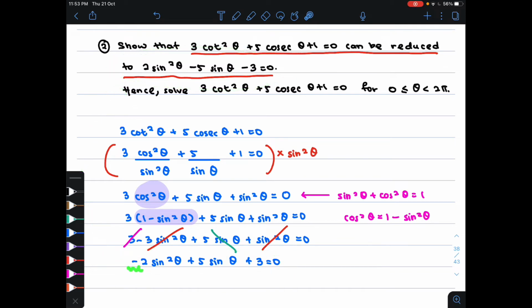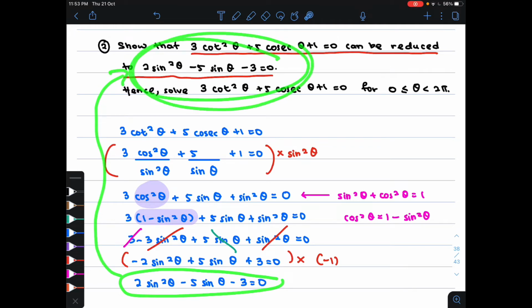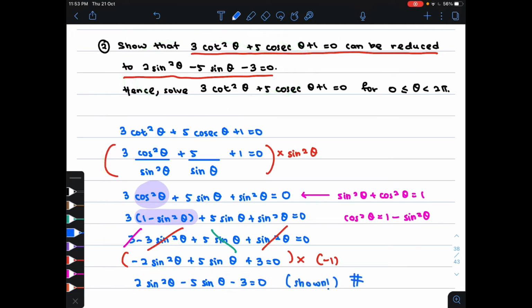Here we have negative 2 sine squared, but here we have positive 2 sine squared. So multiply everything here with negative 1. And now we can see that this answer is the same as the one in the question. So that's how you show that the first equation can be reduced to the second equation.